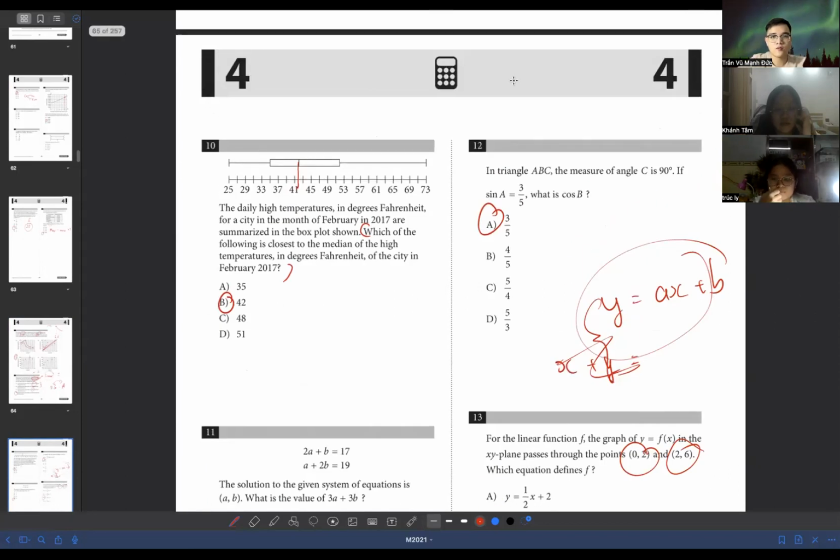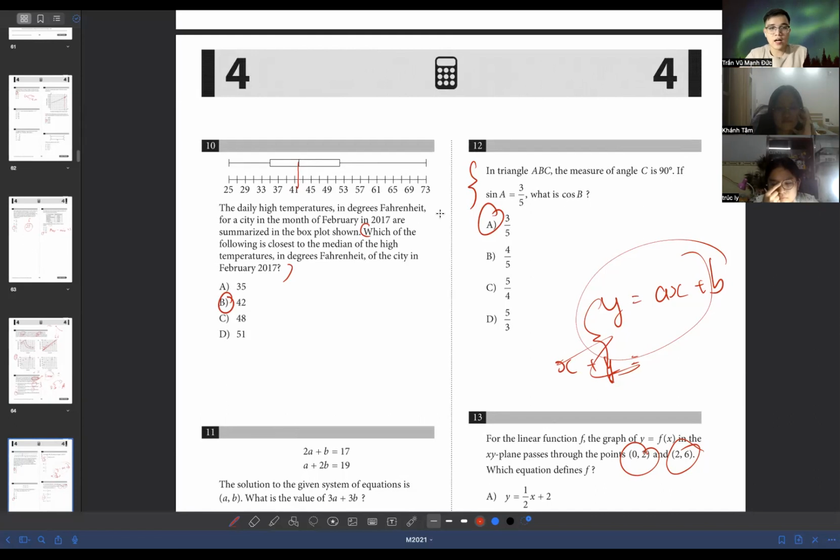But this one, remember how to calculate, because it will come in handy. How to use the calculator, okay? Try your best to memorize the keyboard, to memorize the numbers on your calculator, because it will save you a lot of time.